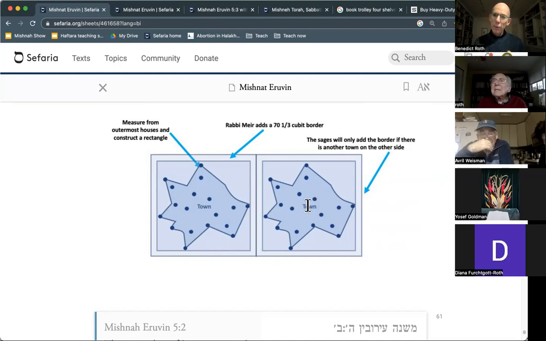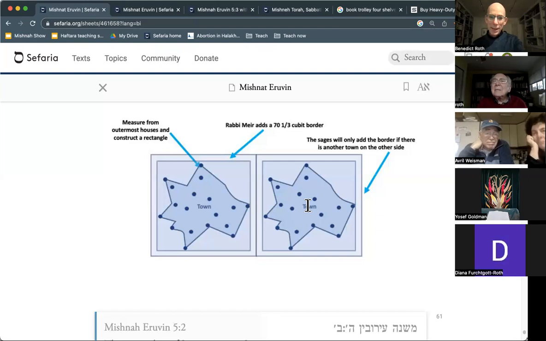And if it's possible to join these two 70 amot borders together, 141 2/3 amot in total, then we can actually consider the two as one. So the final Shabbat boundary in this situation, according to the sages, will be the big rectangle right around both towns. So that's the sages.